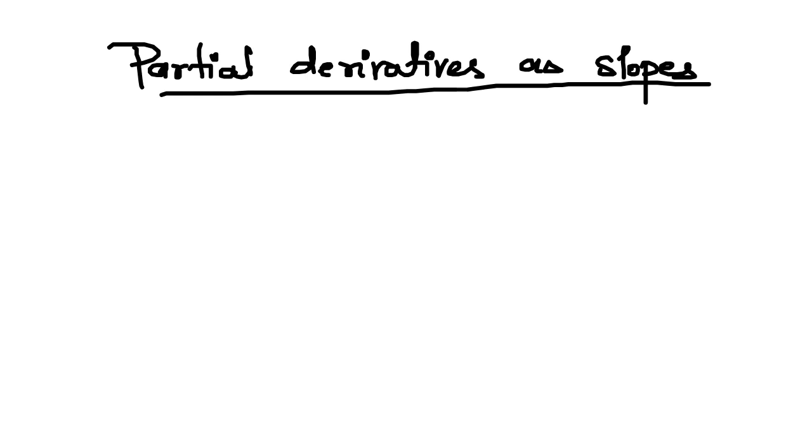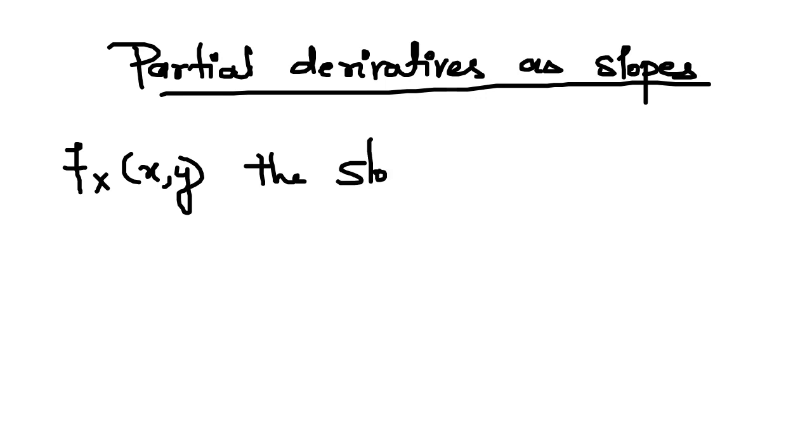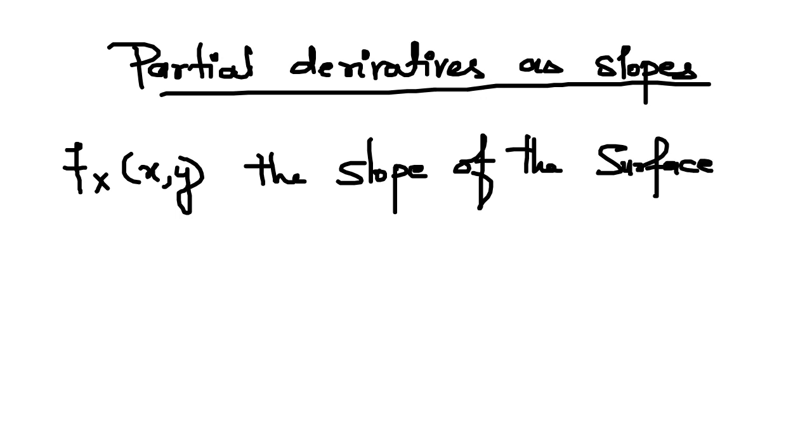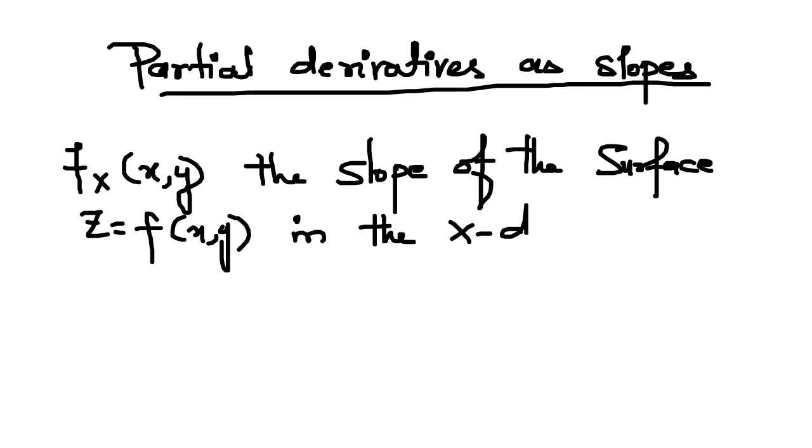That if you have any function and whose derivative you can find with respect to x, this is the slope of the surface z is equal to f of xy in the x direction.